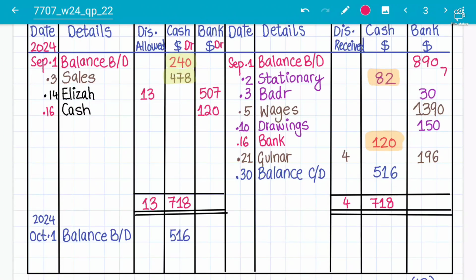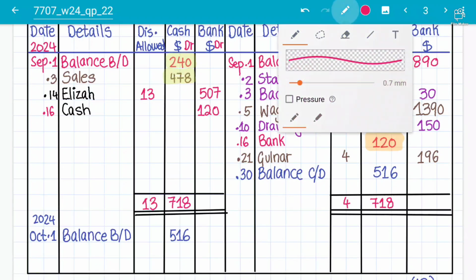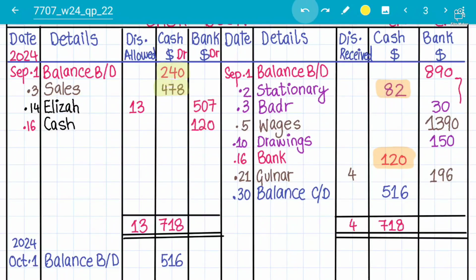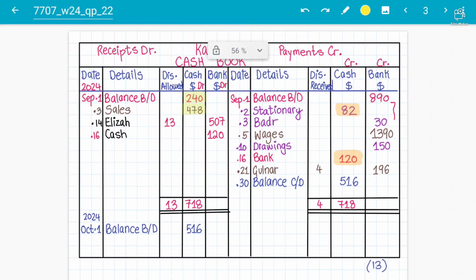Now coming to the bank columns, the debit side looks less, and the credit side still looks like the higher of the two. So be careful about it and do this approach: let's add the credit side.